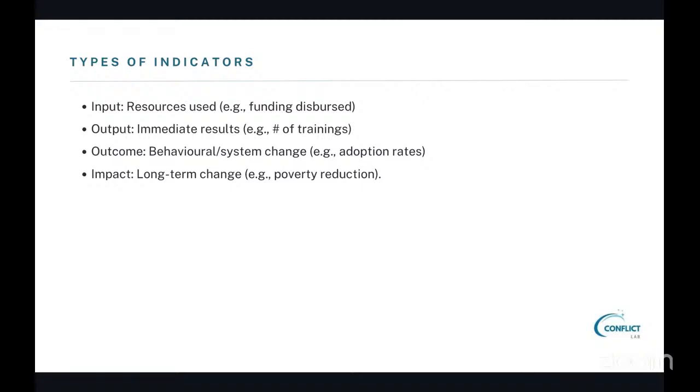And then you have impact, for example, long-term change. So in my example, you can think, okay, what is the long-term change? Long-term change could be that the cost of farming might decrease, their income might increase. So maybe you will see this reduction of cost and increase in income in maybe a year.